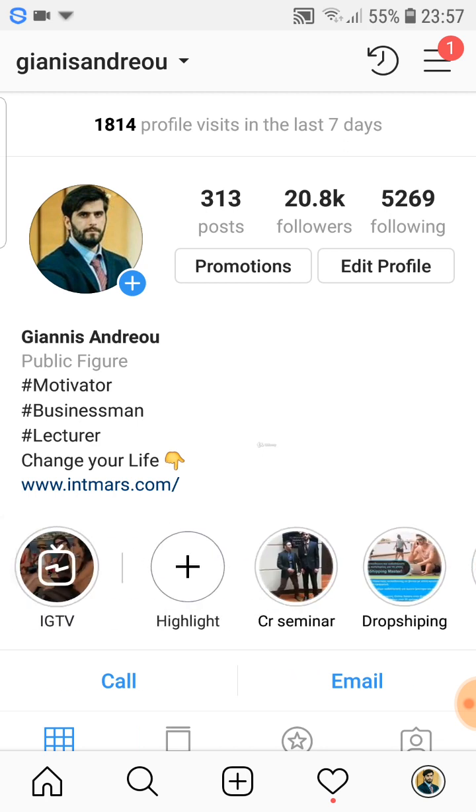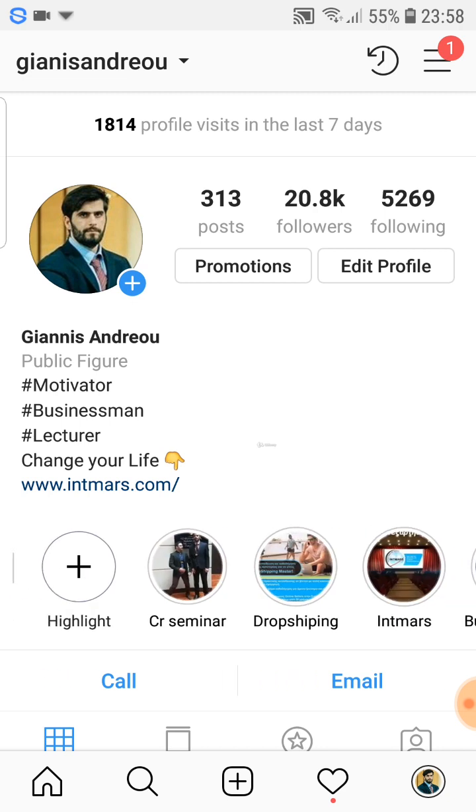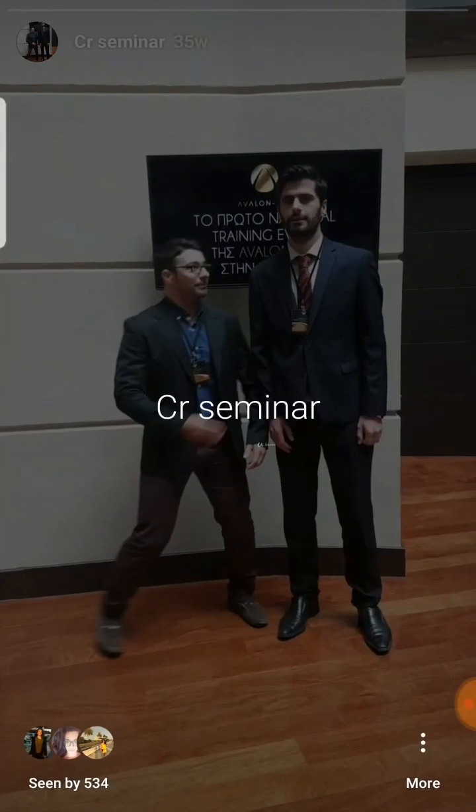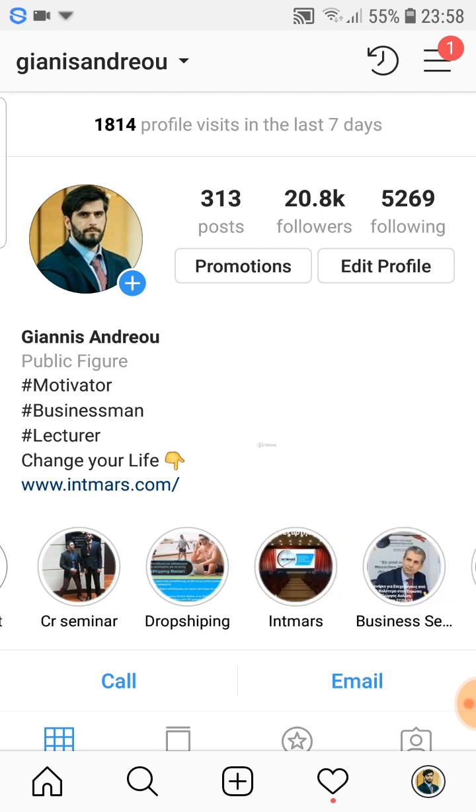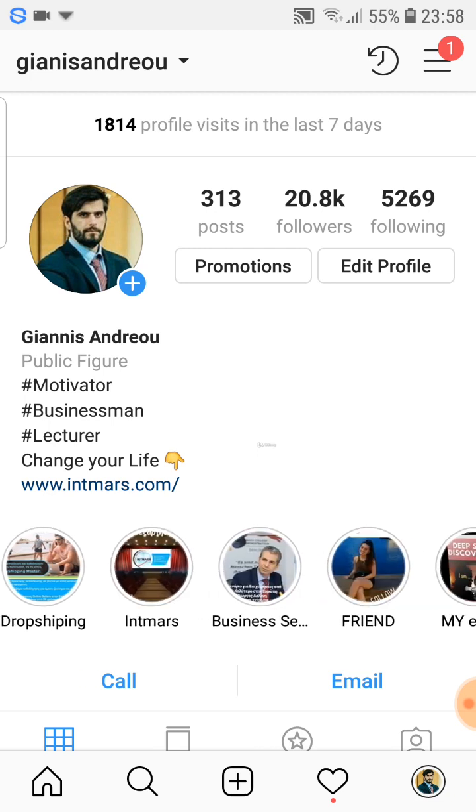The highlights are the stories that are uploaded in an account, and then you put them as a highlight, so they just stay here and people can go and look at them again and again. The word highlight means the best moments, so it is like the best moments of the stories you have put out.